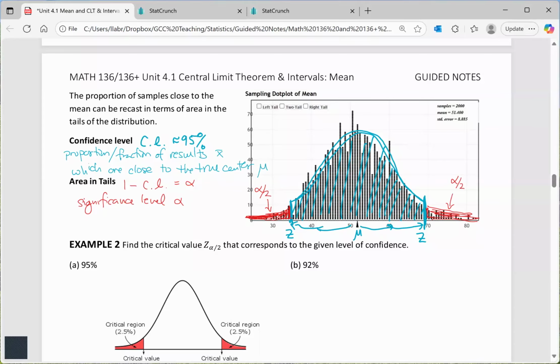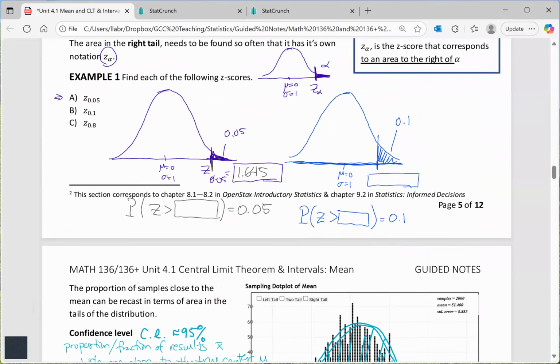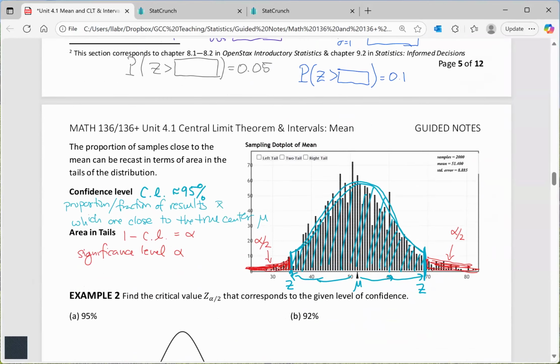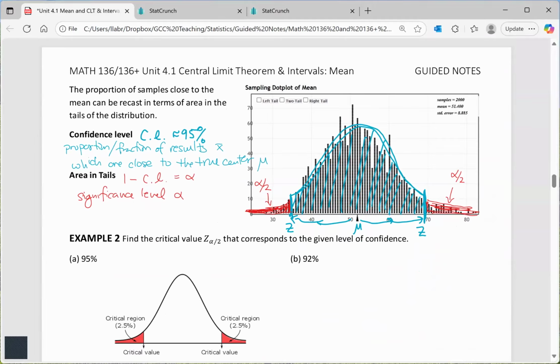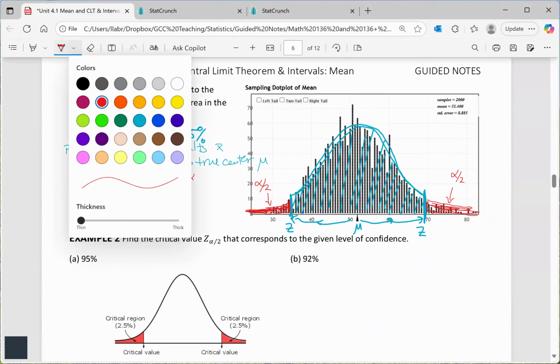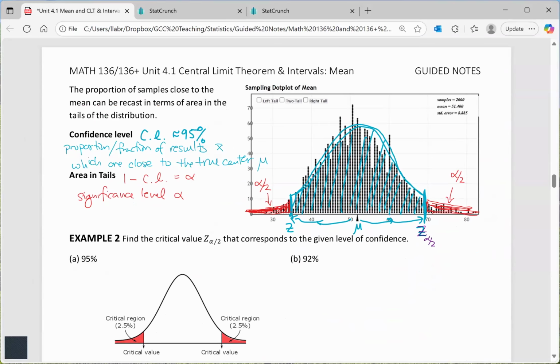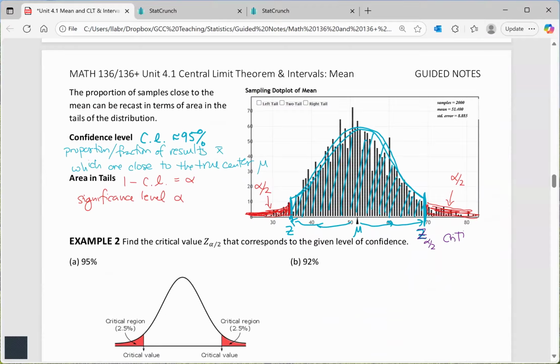And therefore, using the notation that we covered previously, with the right tail notation, we're going to denote my confidence level by this critical value. So a lot of terminology here. Z sub alpha over 2 is called the critical value. And so that's the critical value that corresponds to the confidence level and also to this significance level.